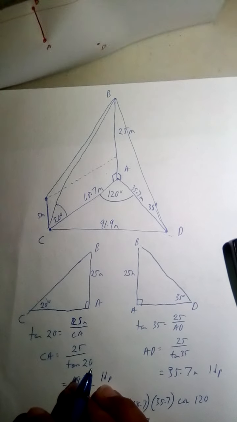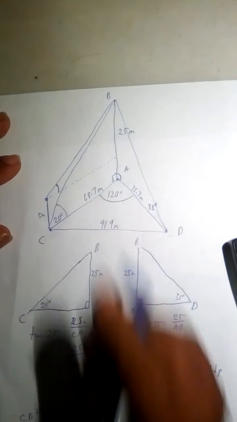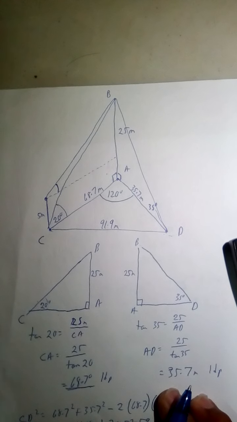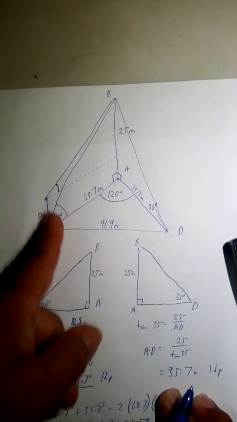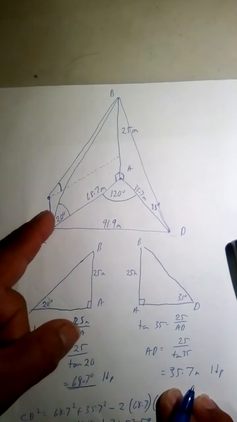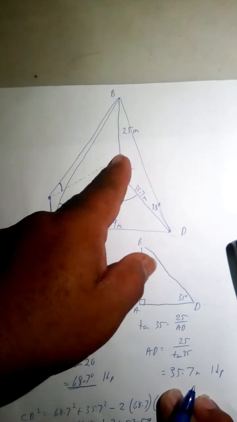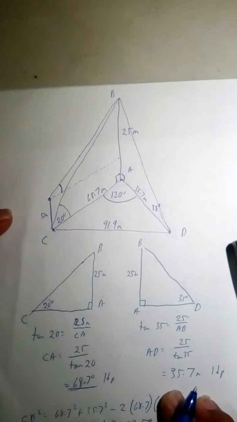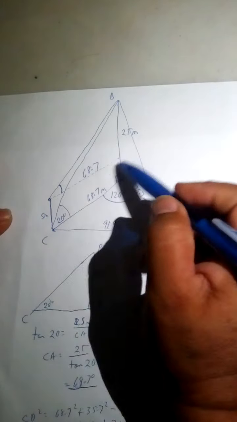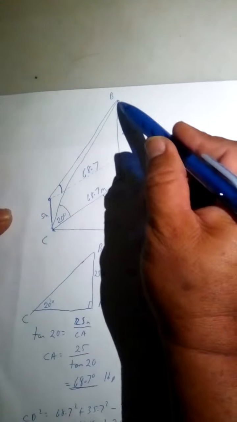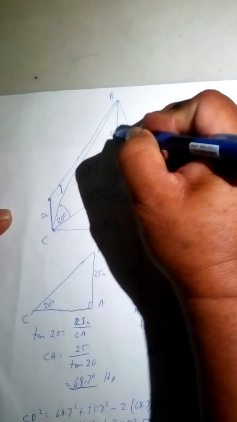If this is vertical, this is vertical and this is parallel, then this length from this point to this point must be 68.7. Since this is 5 and from here to here is 25, then this height here must be 20.